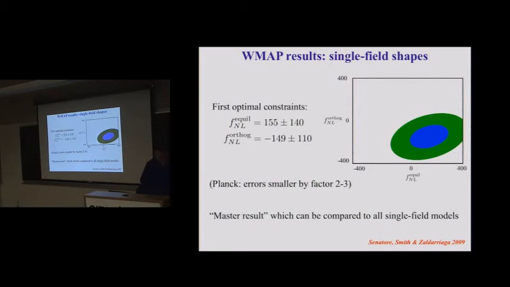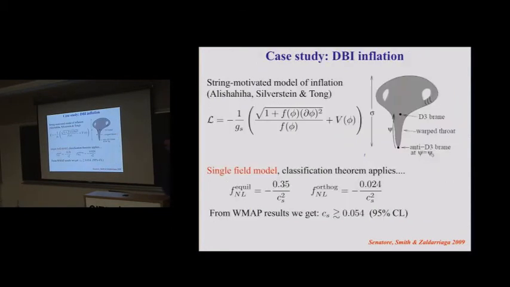We have a lot of different case studies for this, but I'll just discuss one. DBI inflation is a string-motivated model of inflation where the inflaton, the scalar field that drives inflation, corresponds physically to the distance between two branes in a compactification. I can't really talk about this model in much detail.